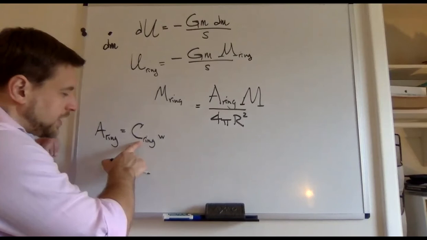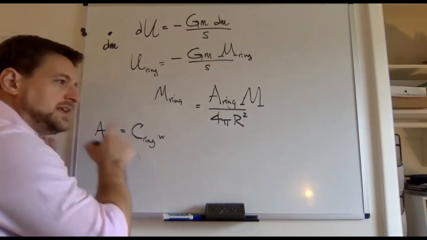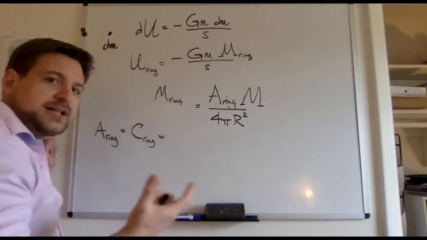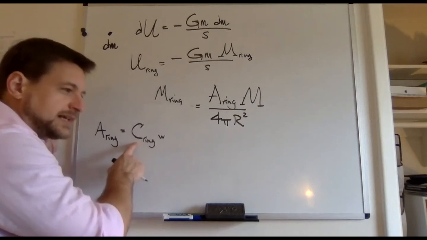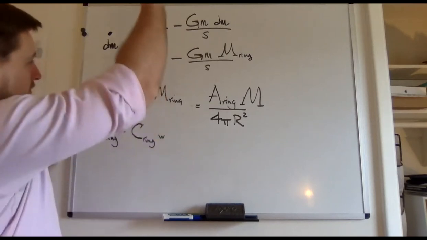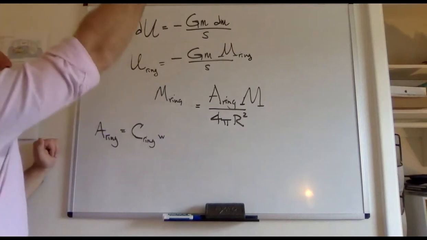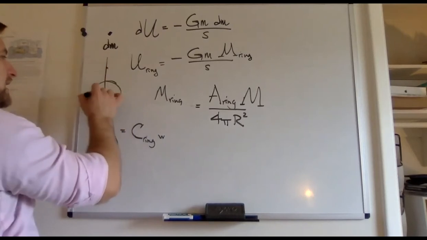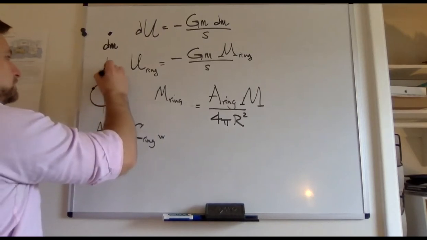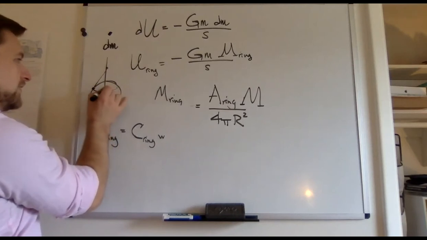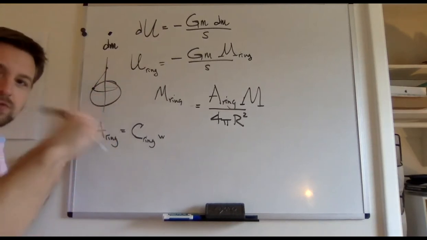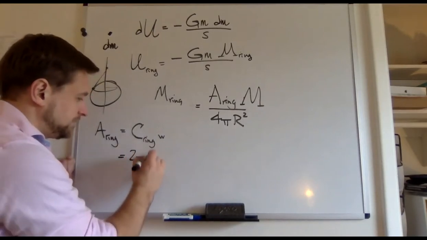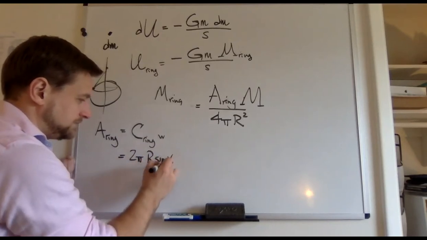Now, the circumference of the ring, its radius isn't little r, and it's not big R. The radius of the ring is the distance from the line between P and the center to the point we're talking about. Let me see if I can draw this really quick. The ring has this radius, which, if you remember that triangle diagram, was r sine phi, so the circumference of that ring is 2 pi r sine phi.